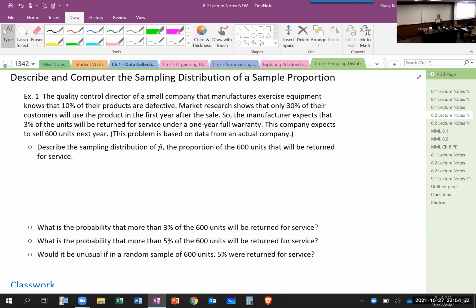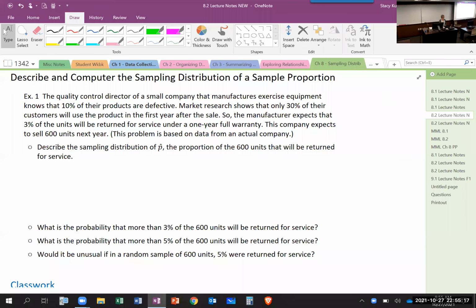There is an awful lot of extraneous information in this paragraph, all right? There's an awful lot of things that we don't really need to know about, okay? So let's go through and look at what we have here. It says quality control knows that 10% of their products are defective, blah, blah, blah.